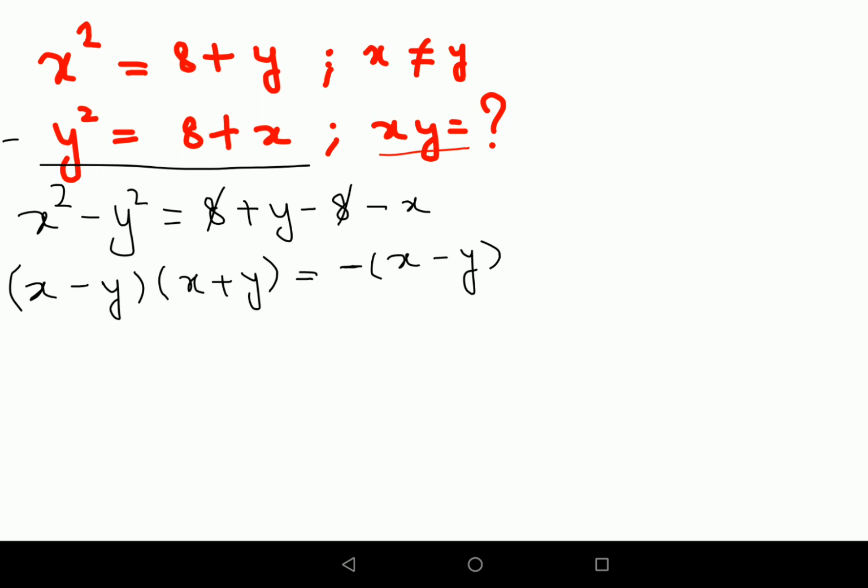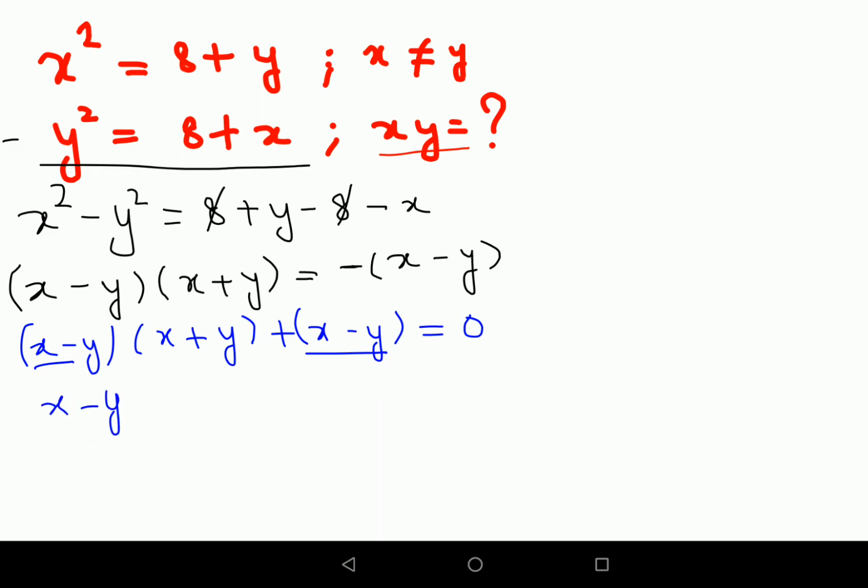Okay, now what we'll do is we'll shift everything to one side of the equal sign. So I'll be left with x minus y into x plus y plus x minus y equals 0. So now we can take x minus y common. So I'll be left with x minus y into x plus y plus 1 equals 0.